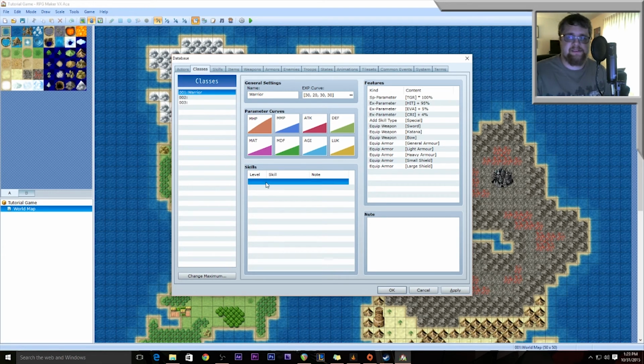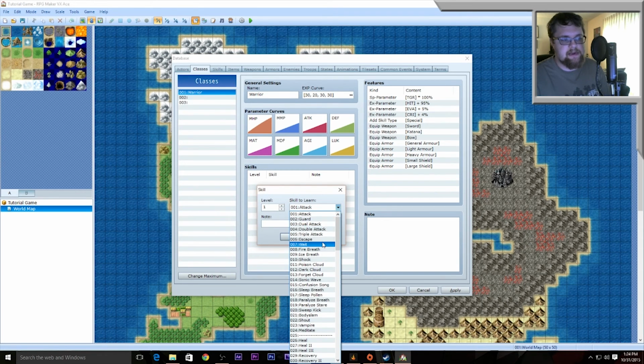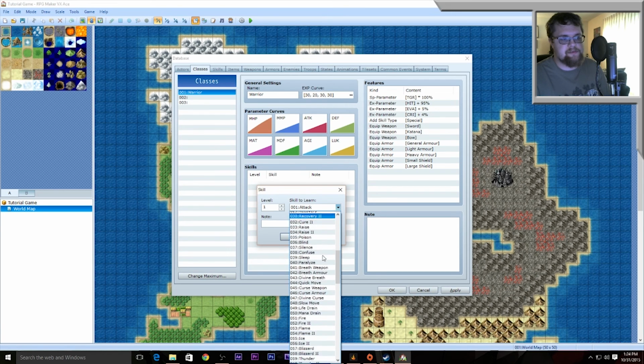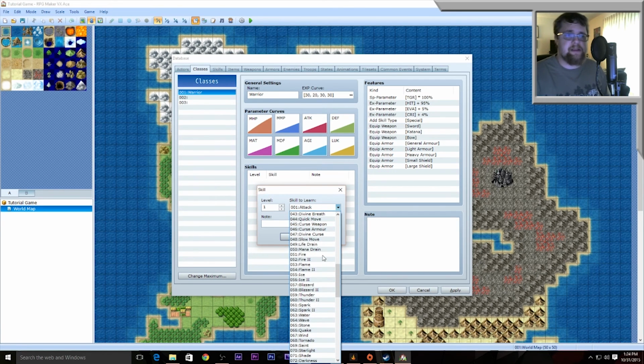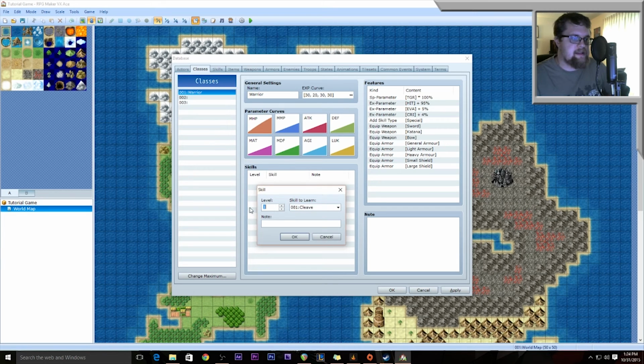Now we've got the skills. This is where you figure out at what level they're going to learn what skills. So we're going to double click on it, and let's say that we want our guy to learn, go through the skill list, which we're going to be going over how to define a skill in a future episode, so keep an eye out for that. We want him to be able to learn cleave at level 3.